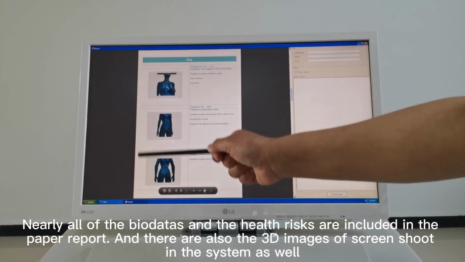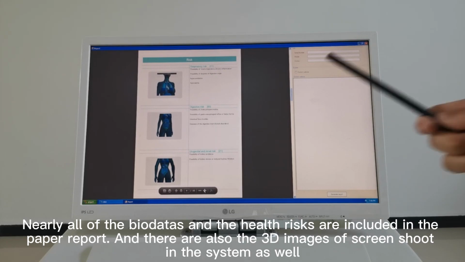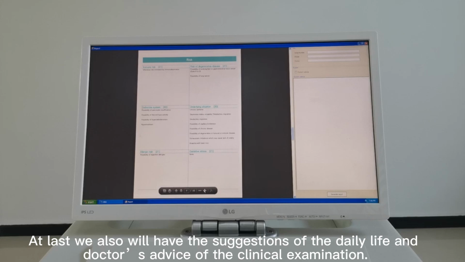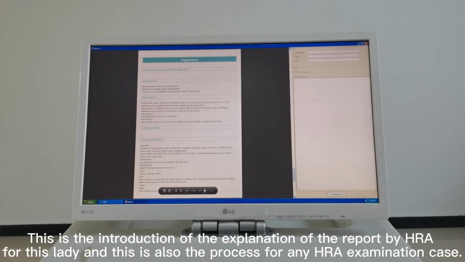And also there will be the 3D image screenshot from the system as well. And at last, we will have the suggestions about the examinee's daily life, and also the doctor's advice for the clinical examination and the health suggestions. And all this is the details about the paper report.